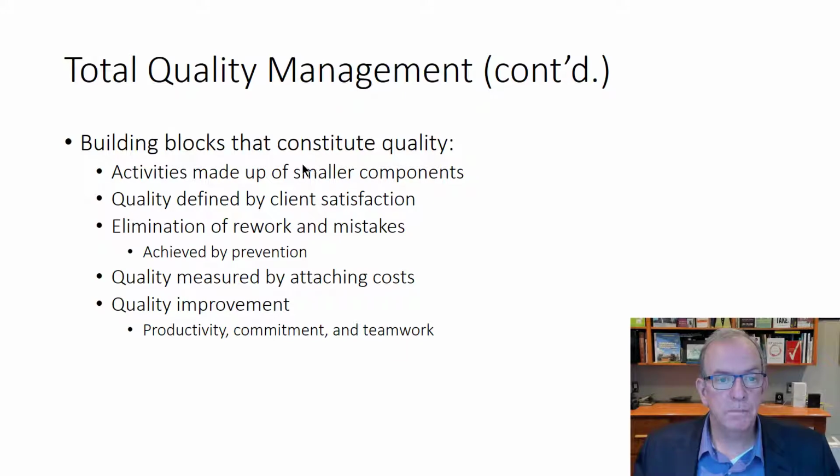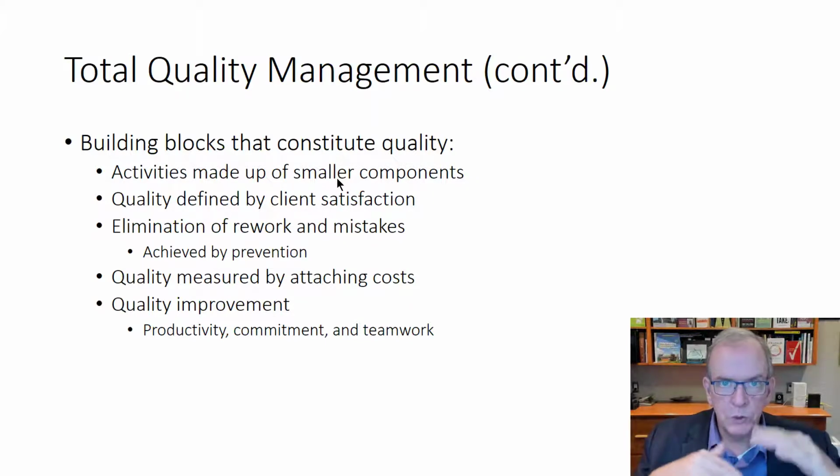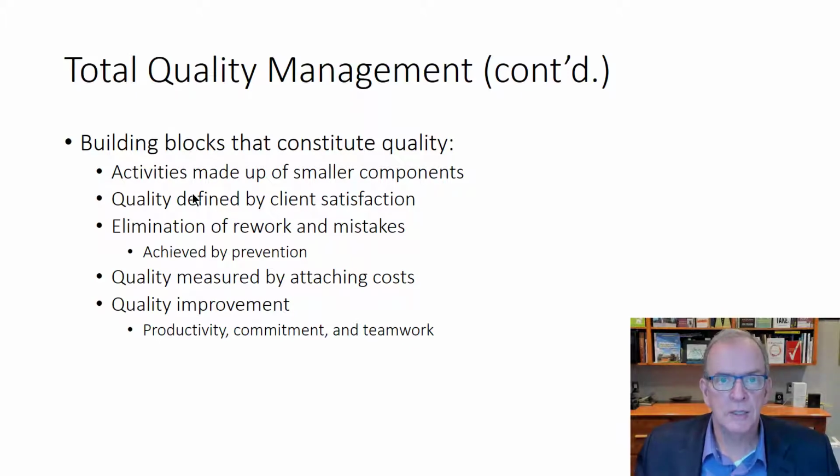So these are some of the building blocks that we can do to improve quality, right? So activities made up of smaller components, we can put together things that increase the flow of work, where we reduce variation in the process and have a more steady flow, where we have subcontractors more engaged in the day-to-day processes of what is being done.